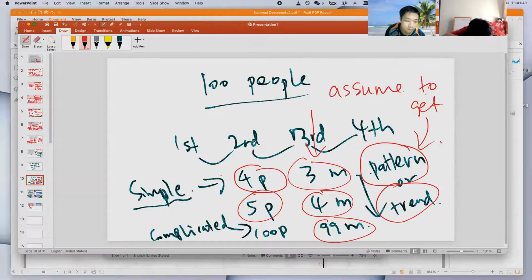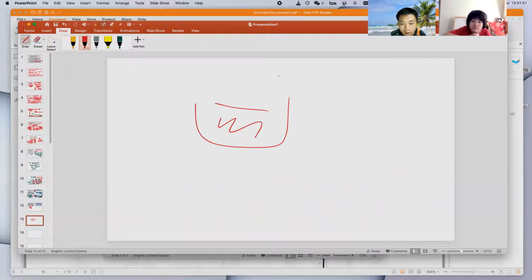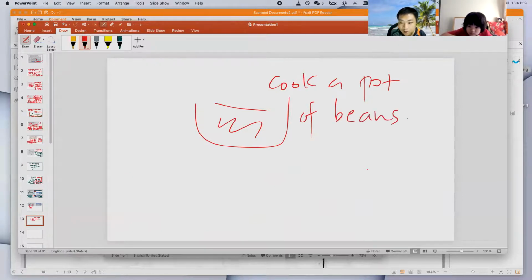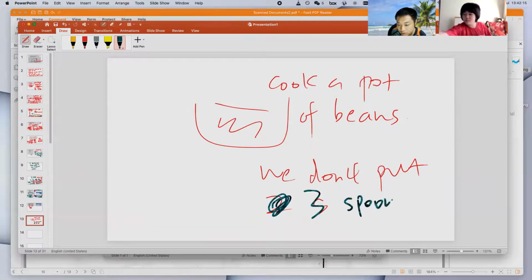Like, I'm not sure if you cook food or not. When we cook a pot of rice, or a pot of beans, we don't put 3 spoons of salt into the pot of beans at one time.